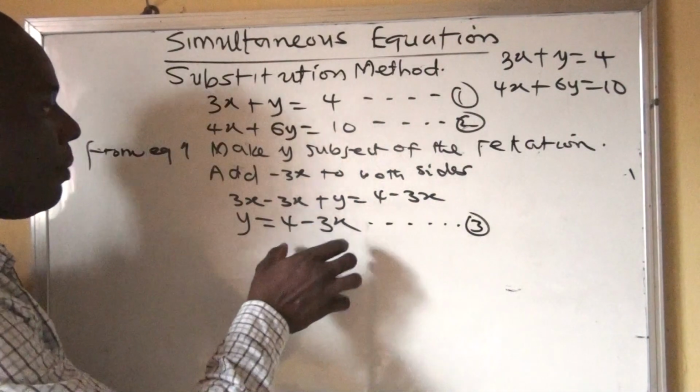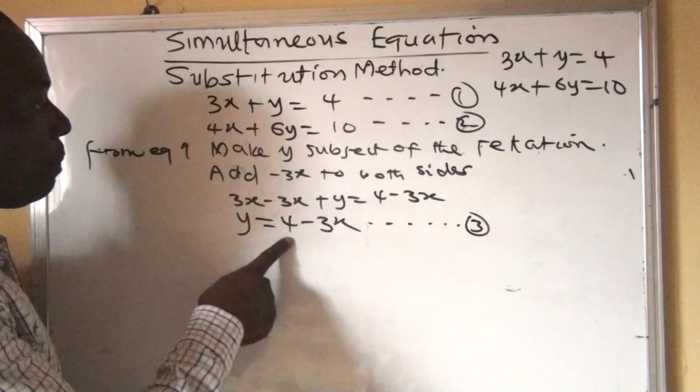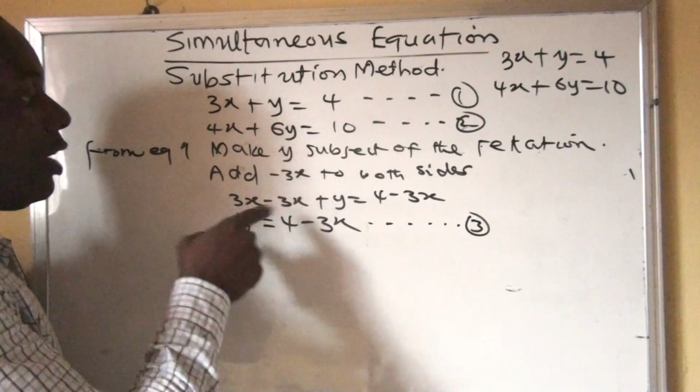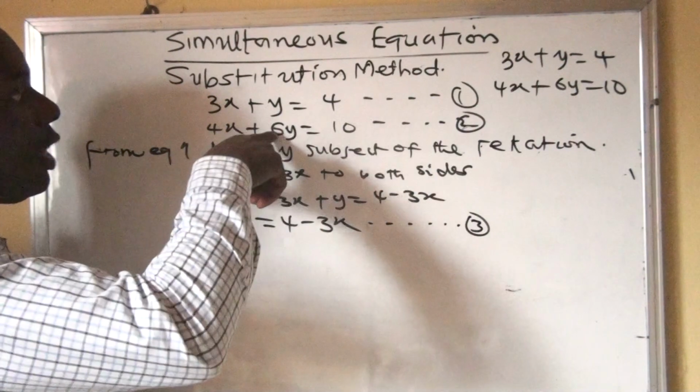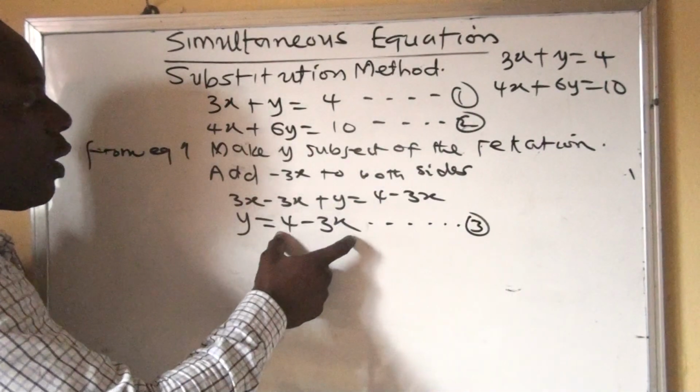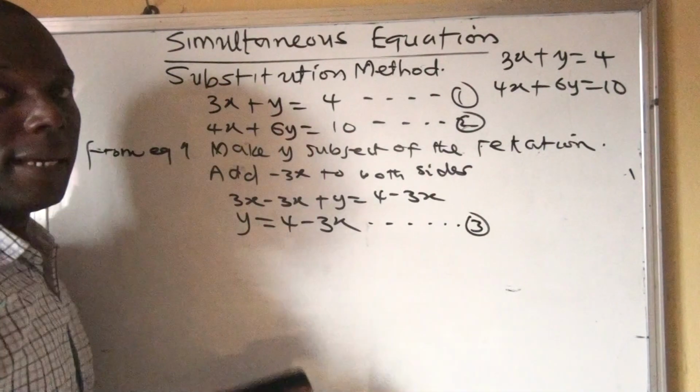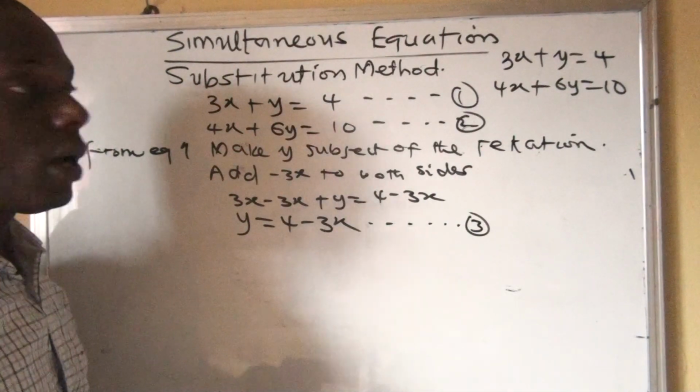What it simply means is that anywhere you see y in equation 2, you are going to put 4 minus 3x. That is the implication of that.